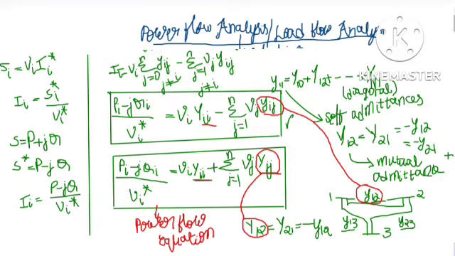Now you can use this. When you are using this formula, you can directly take from the Y bus. That is, suppose you had a Y bus like this. This is one, this is the second bus, and this is the third bus.